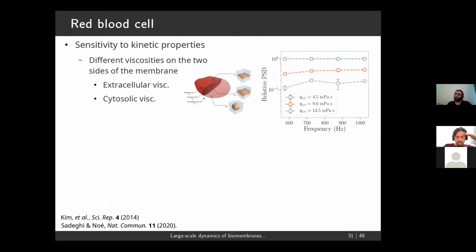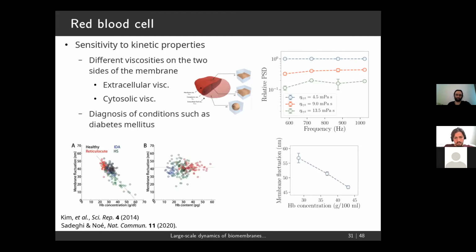And then when we have a functioning model, we can also play with different properties of the cell. For example, the cytosolic viscosity, or the extracellular viscosity, or the membrane viscosity of the red blood cell. In this case, I'm showing that the cytosolic viscosity has an observable effect on the kinetics, and this is something that also has been of interest in this experiment.